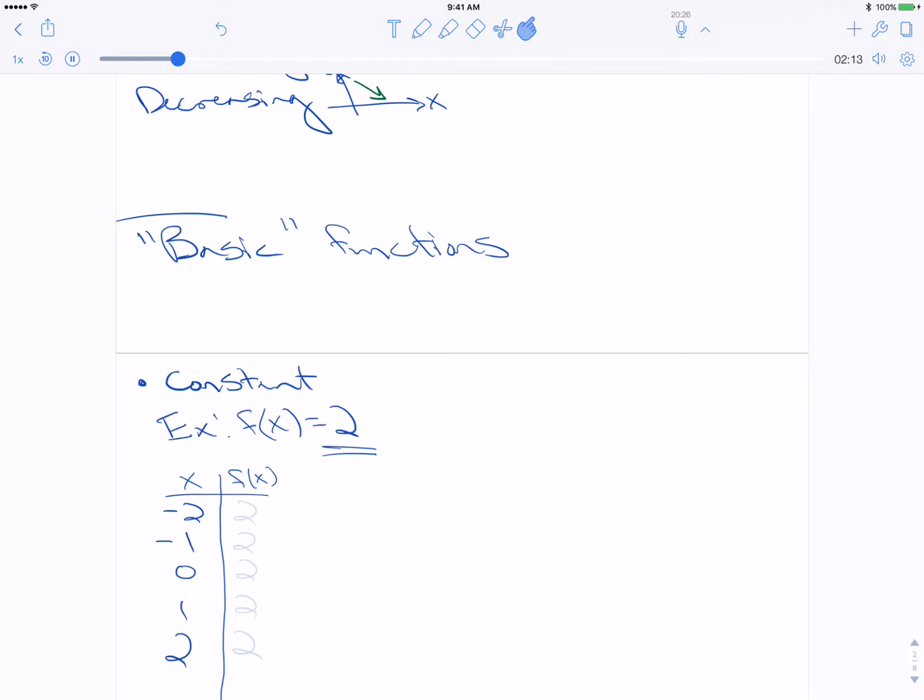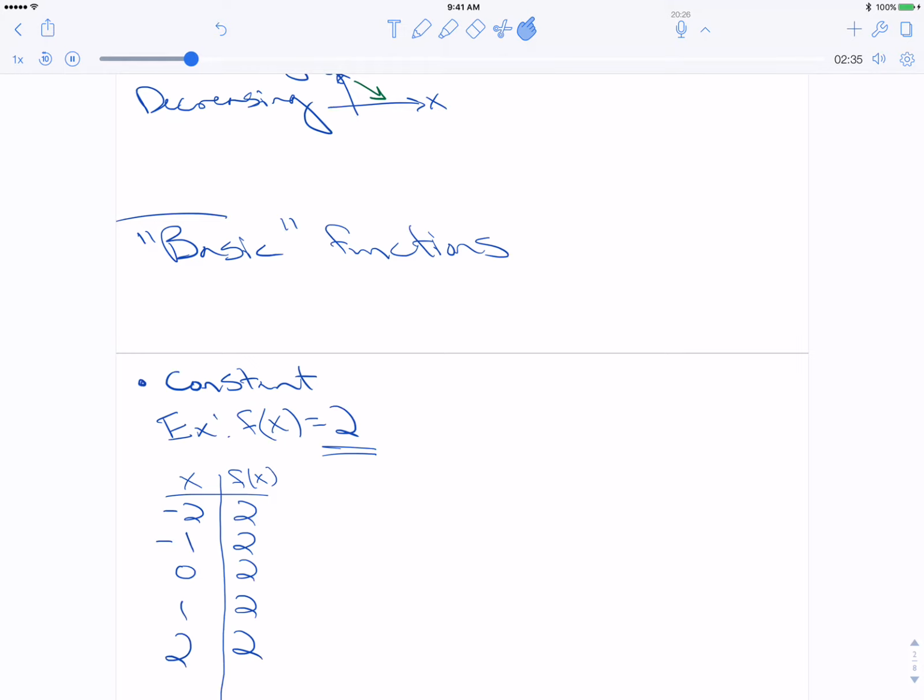I like using these a lot because the numbers are small and they're relatively easy to substitute in by hand. So it gives you a good picture without having to do a lot of work, usually. But in this case, because our function is constant, it doesn't matter what x is, because there's no x on the right-hand side. So I just have 2, 2, 2, 2, 2.